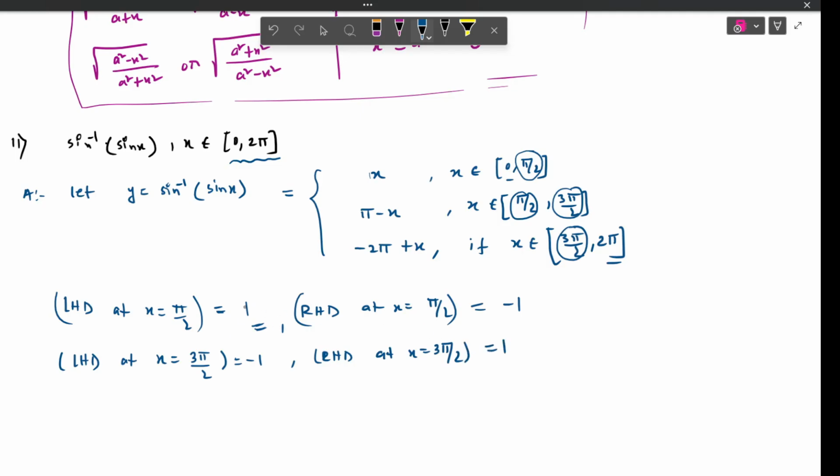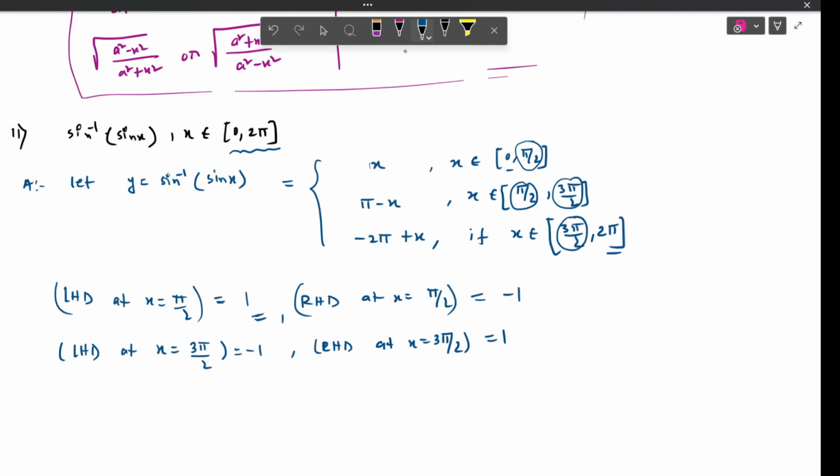I am again telling, if you are not getting how this is coming, we are not showing it here because this lecture will be bulky, so we are omitting the differentiability check. Find out this on your own. Okay, so let's move on.